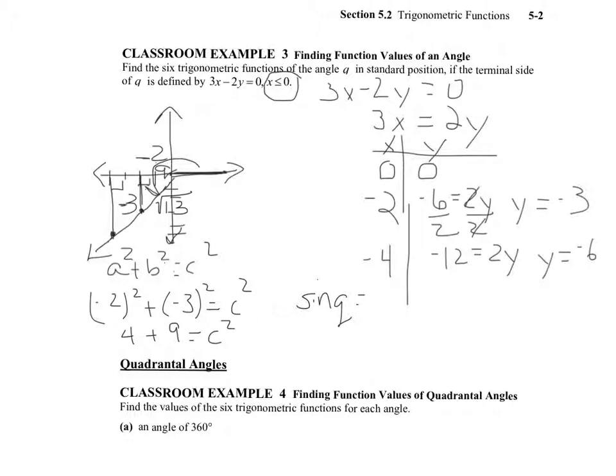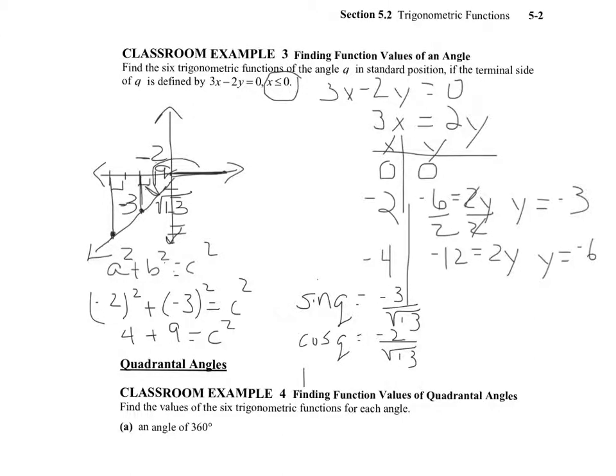So tell me what to write down. Negative 3 over square root of 13. Good. Okay, let's get the cosine. And that's going to be what? Adjacent over hypotenuse, so that would make it -2 over the square root of 13.